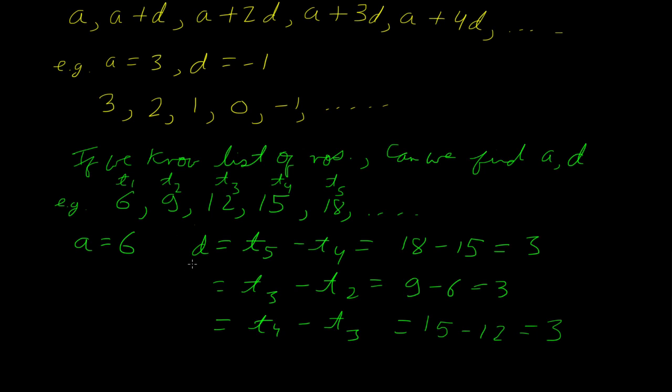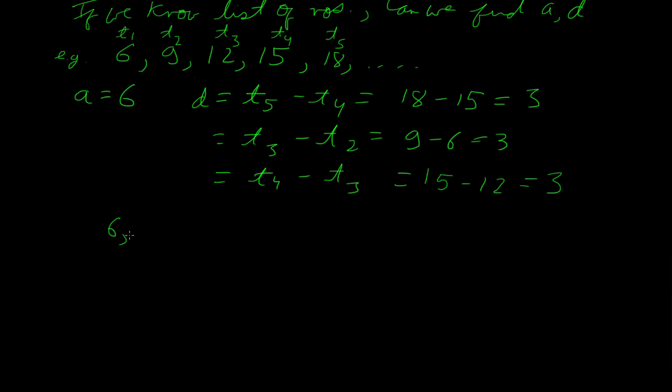So we can take any two consecutive numbers. But always remember that we need to subtract the term at the lower position from the term one position higher. T5 minus T4, T3 minus T2, something like that.